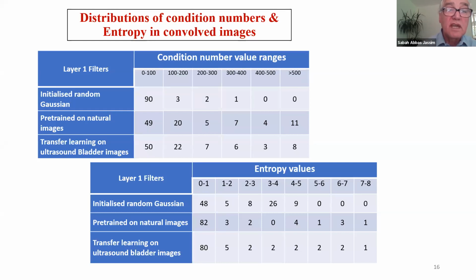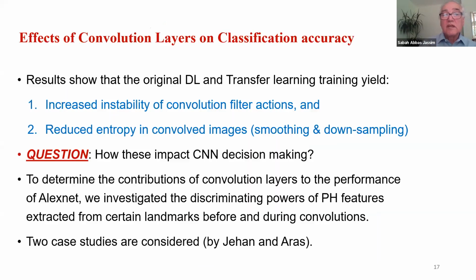And you could see that through the process of training, whether you are doing the natural training, or even through transfer learning when we use it on ultrasound bladder images, the condition numbers get worse. And also there will be a great loss, some of them lose a lot of entropy. So this shows that convolution layers will result in increased instability and also reduce entropy.